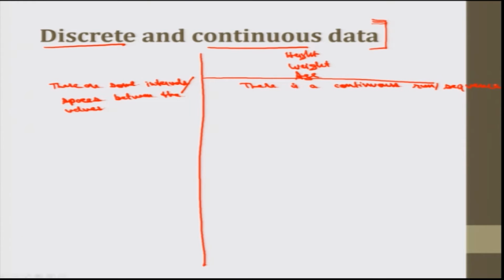So, if I say the nature of the values for the discrete and continuous data, the continuous data values can be measured, but the discrete values cannot be measured. However, we can count the discrete values, the number of events, the discrete events that are there. We can count them, but we cannot exactly measure them.